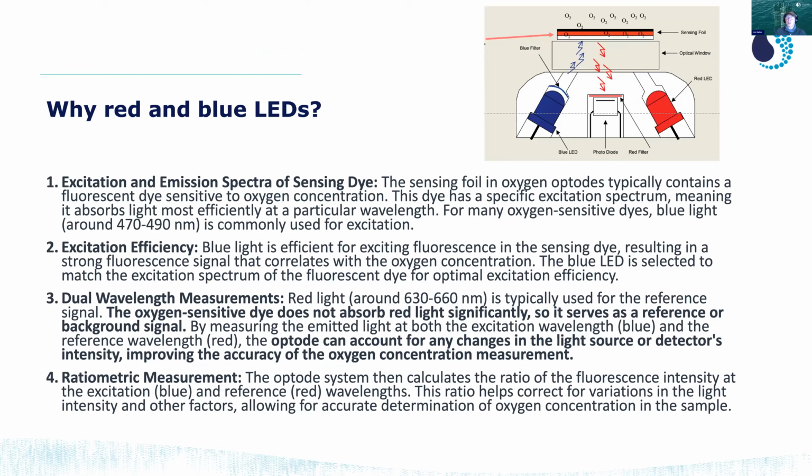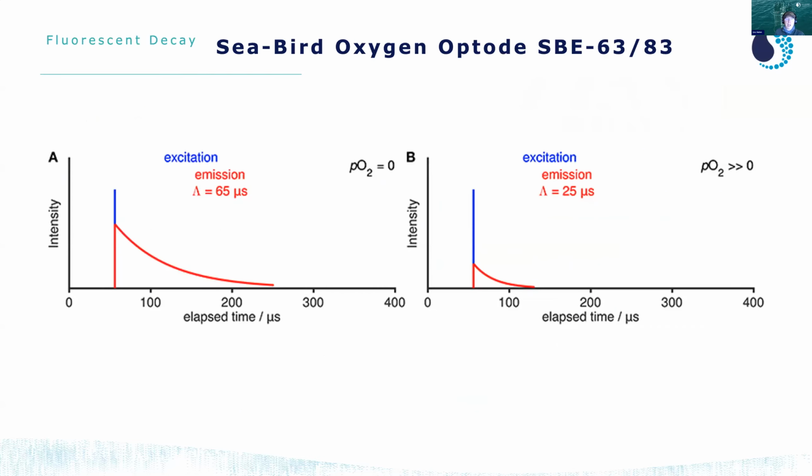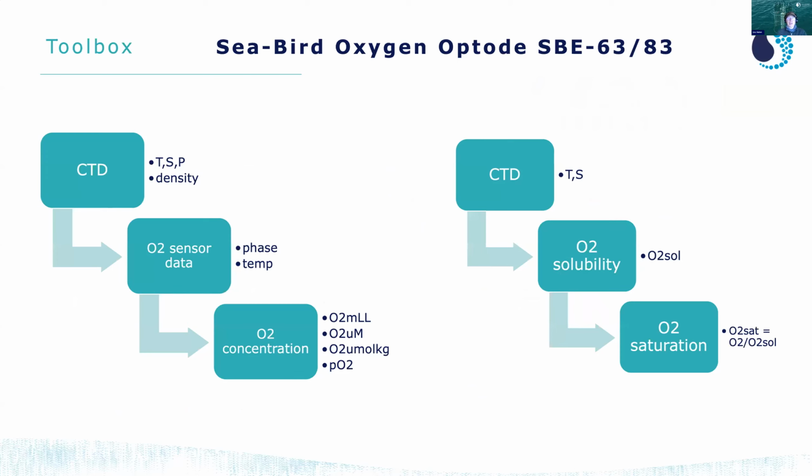It's not involved with stimulating fluorescence, but you'll have that explanation. Again, it's the blue LED that's doing all the work with respect to fluorescence lifetime, and the red helps normalize those things. So what does the code do? The code essentially takes CTD data, temperature, salinity, and pressure, and it can compute density from that. It takes the O2 sensor phase information, which again is essentially directly proportional to the fluorescence lifetime, and the temperature.